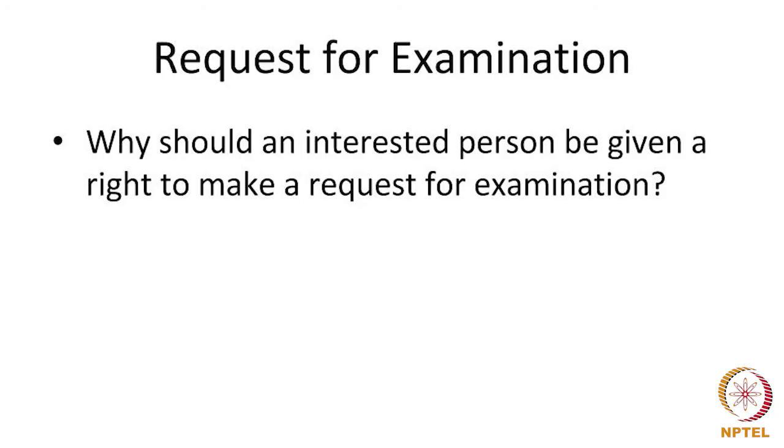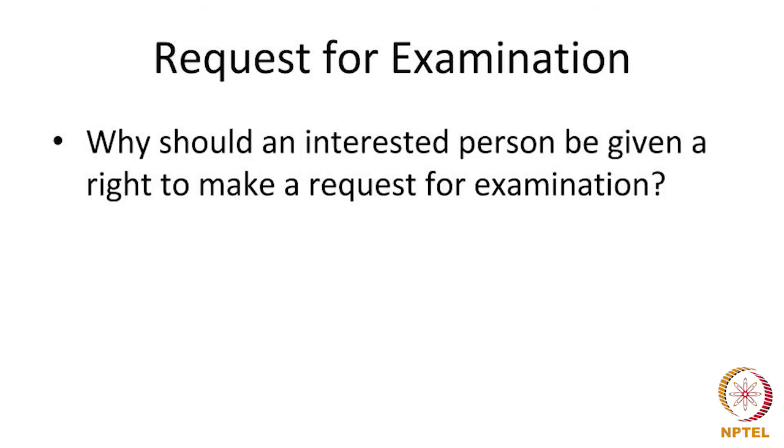So, somebody who is interested in the same field may be a person who has a competing interest, and that is the reason why a person interested can initiate a post grant opposition. Interested person could be understood as a person who has an interest in the invention. It need not be a competing interest. You could construe it to be a competing interest, but in this case we can give an explanation.